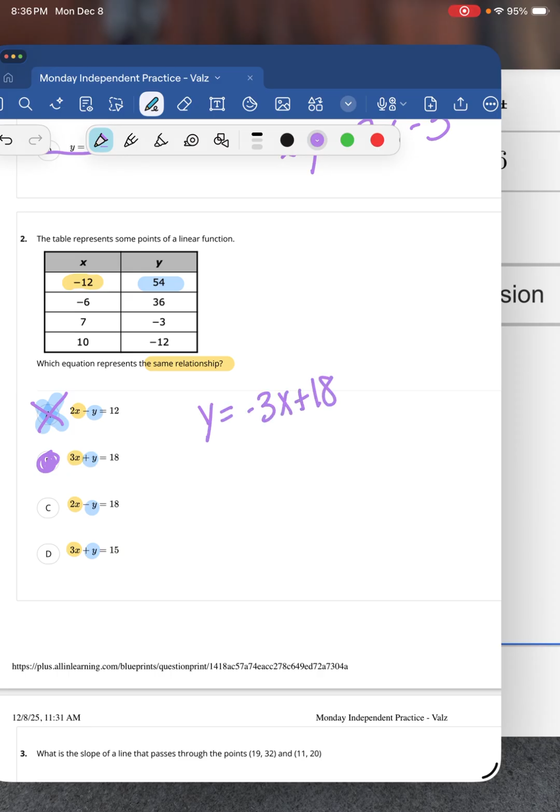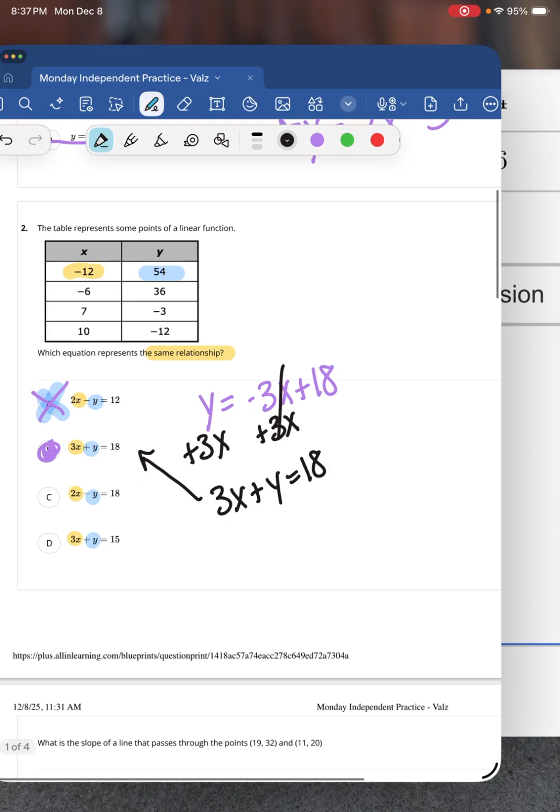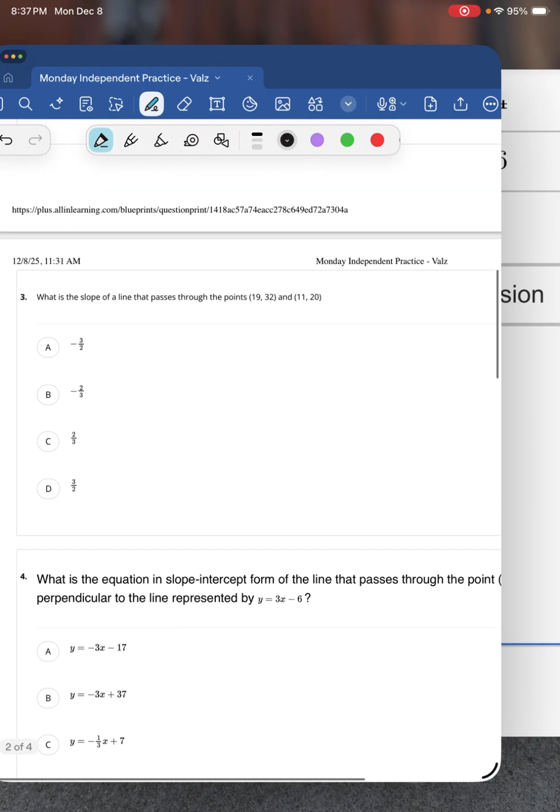And then you can go ahead and change that to standard form. So this one's pretty quick. I can just move 3x onto the other side, and I would get 3x plus y equals 18, which also matches this. So either method works, but that's just another strategy you could use to quickly solve.